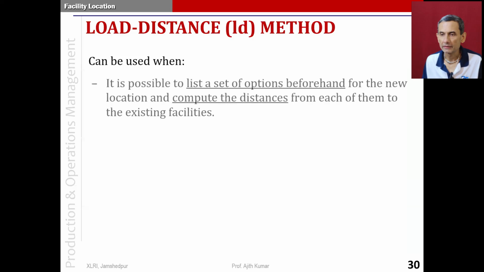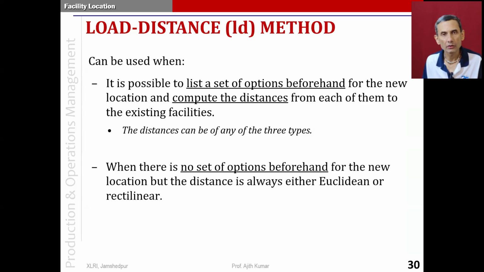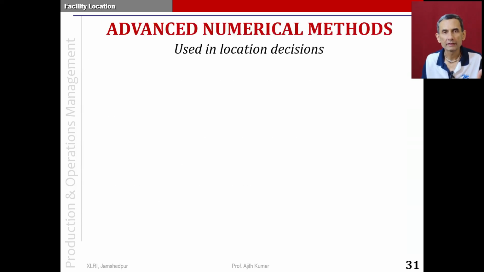So the load distance method can be used when it is possible to list a set of options beforehand for a new location and compute the distances from each of them to the existing facilities. And it could also be used when there is no set of options available beforehand by using a heuristic. Apart from the 3 simple methods that we saw, there are also more advanced numerical techniques which are used often in location decisions.